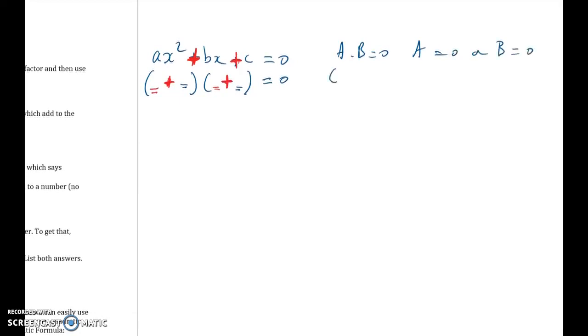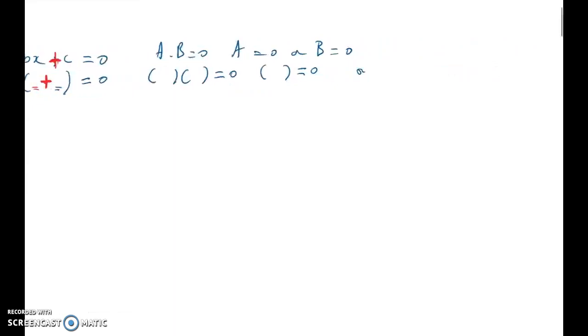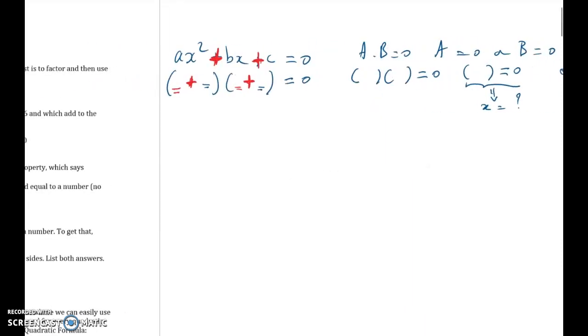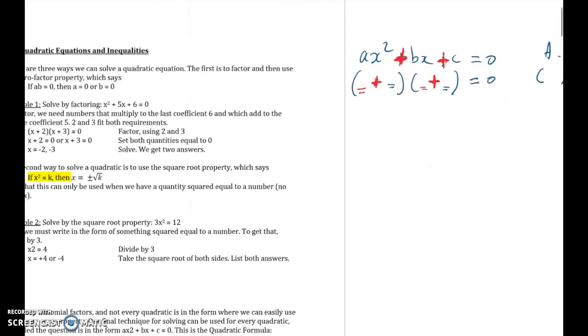You will end up with the product of two parentheses equals 0, meaning the first parenthesis is equal to 0, or the second parenthesis is equal to 0. Each of these two equations will give you a value of x, which will be a solution of your quadratic equation.